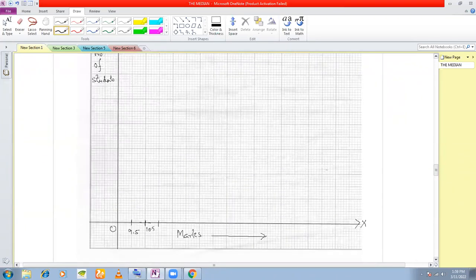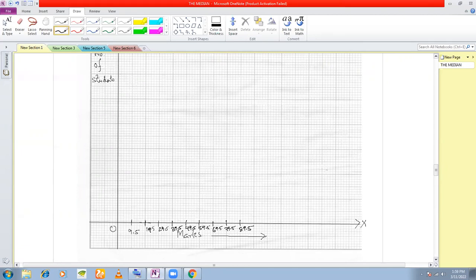It's 19.5, and then you have 29.5, 39.5, 49.5, 59.5, 69.5, 79.5, and finally you have 89.5.